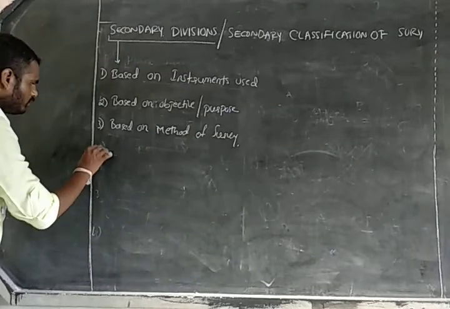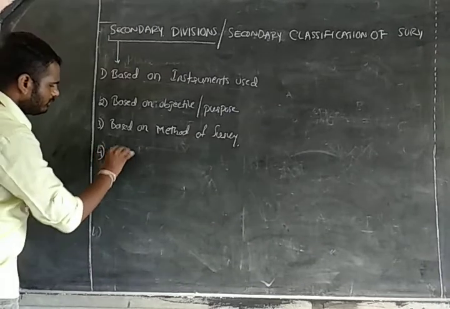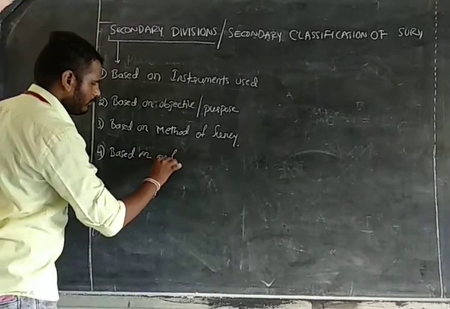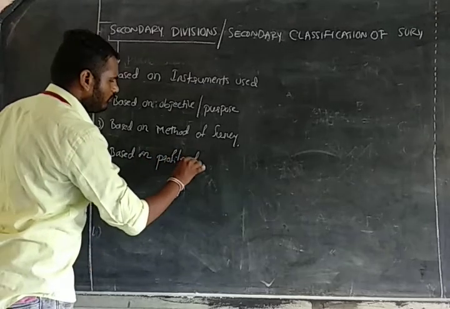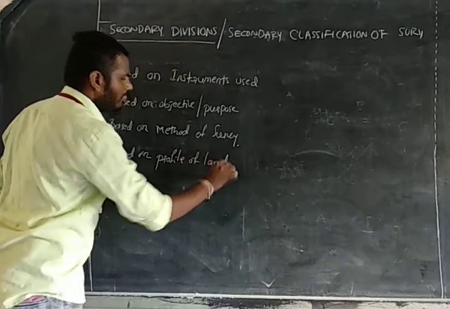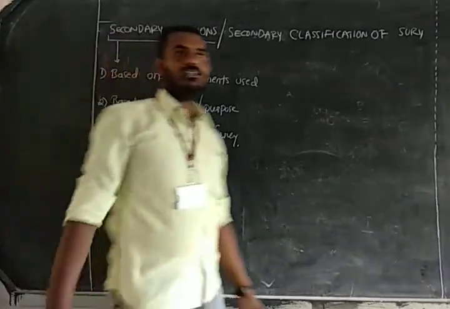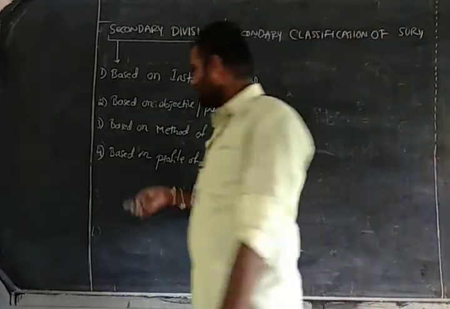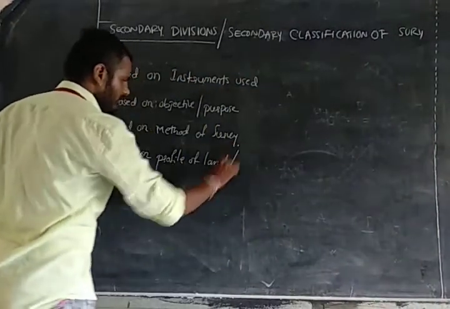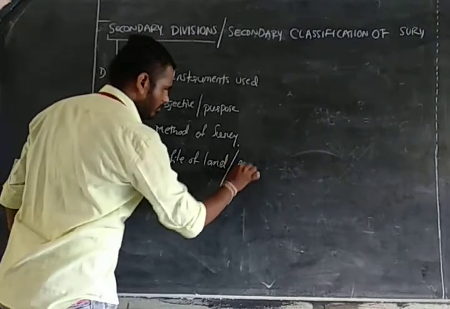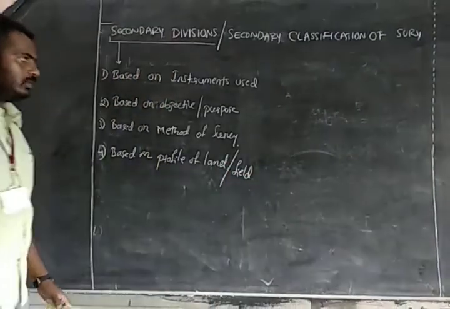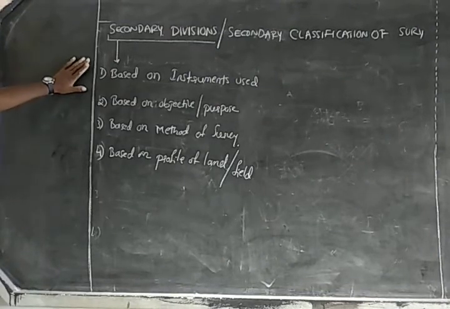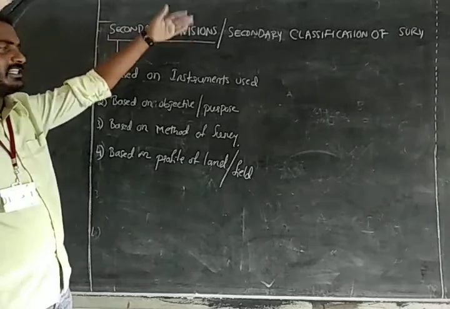And the fourth one is based on profile of land. So these are the main classifications of surveying, or we can also call this one based on field. These four are the major classifications involved in the secondary divisions.